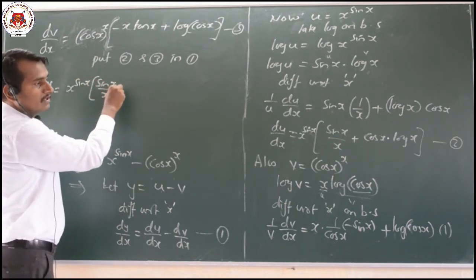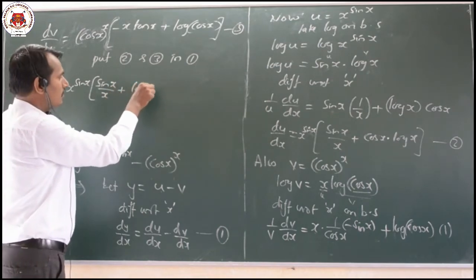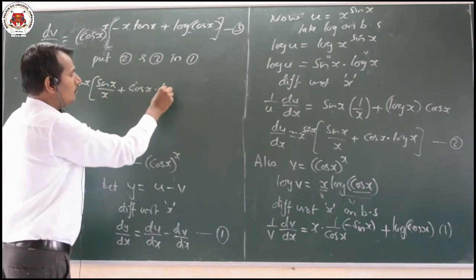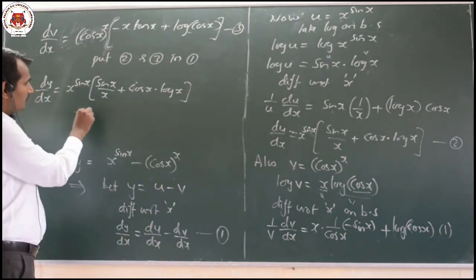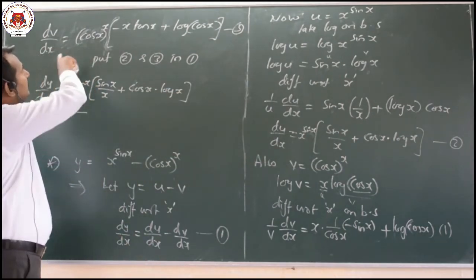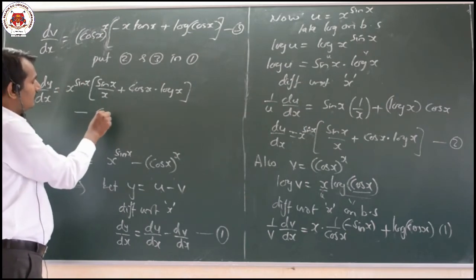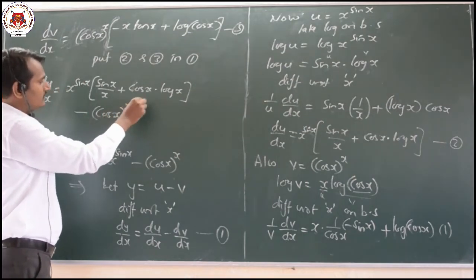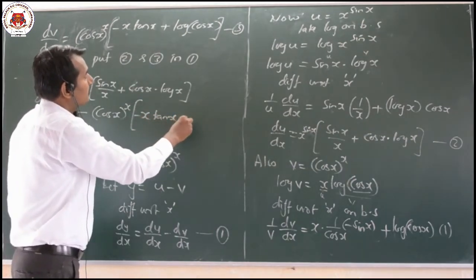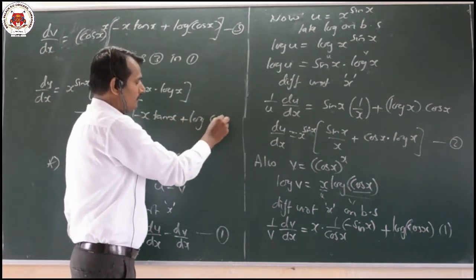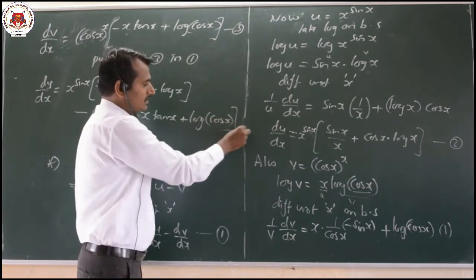Next plus cos x into log x, first part, then minus of dv by dx. dv by dx means equation number 3, cos x to the power of x into minus x into tan x plus log of cos x. That is your required result.